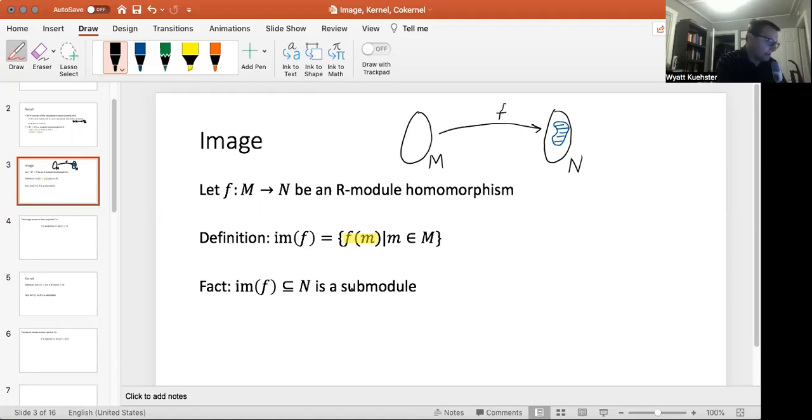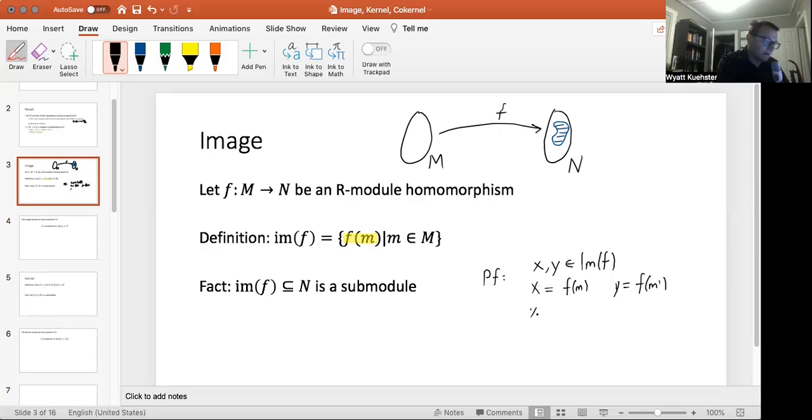So let's prove that. The proof of this fact is an easy proof. Suppose that x and y are both in the image of f. Well, by definition, that means that x equals, say, f of m, and y equals, say, f of m prime. So then, to show that it's a submodule, I need to show first that it's a subgroup.